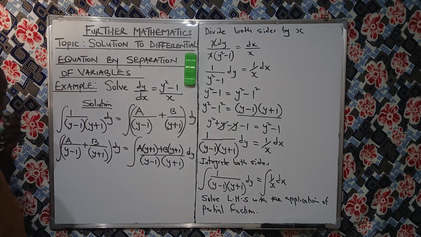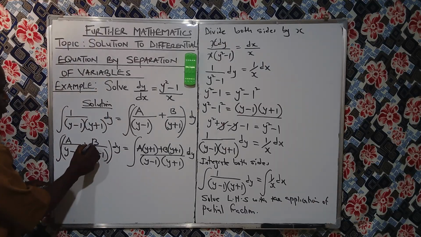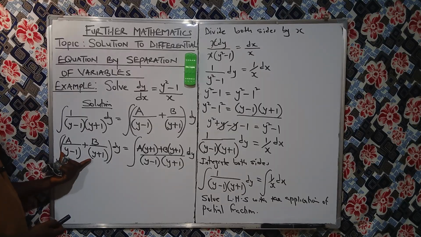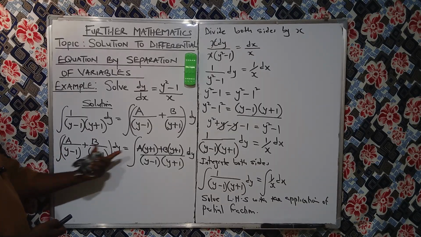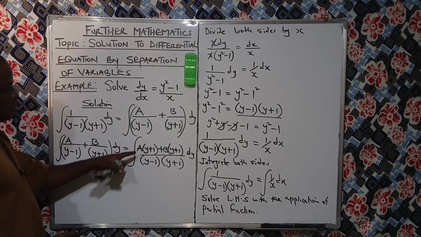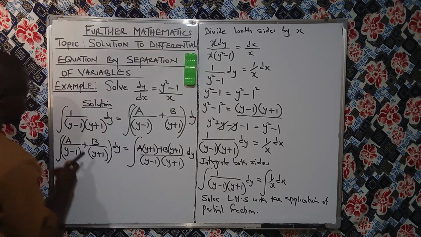What you now do is go back to the expression at the left hand side. You equate the numerator to the numerator you have at the right hand side.